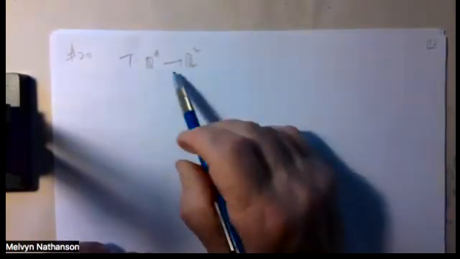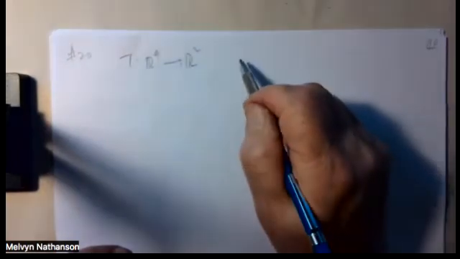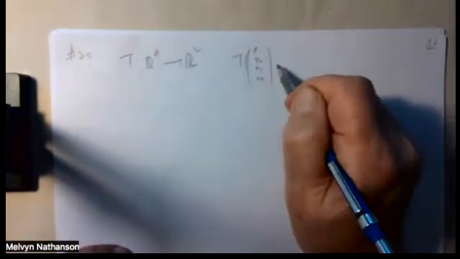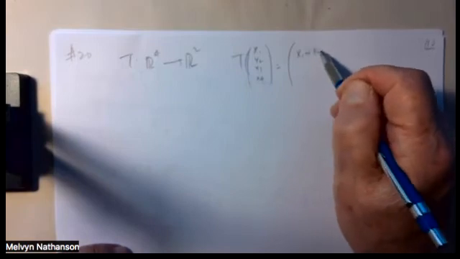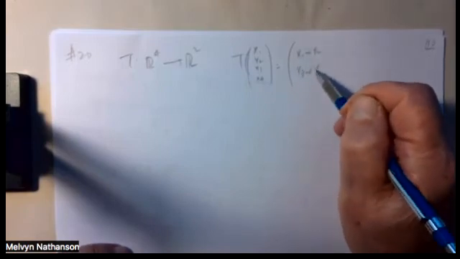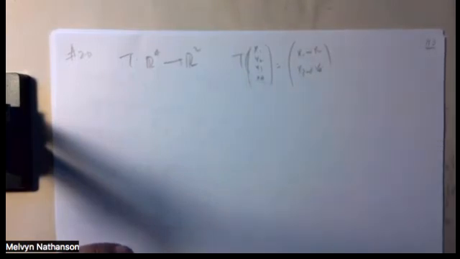We have a function from 4-dimensional space to 2-dimensional space defined by T of x1, x2, x3, x4 equals x1 plus x2, x3 plus x4.